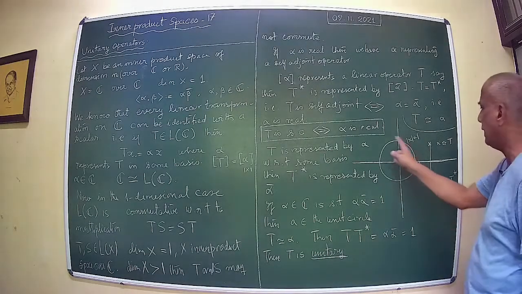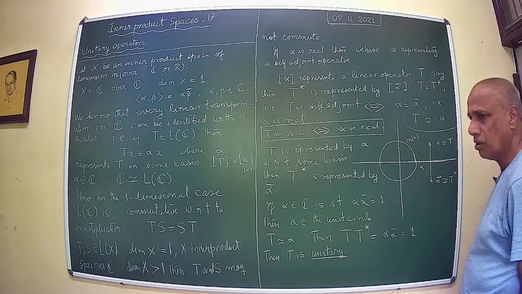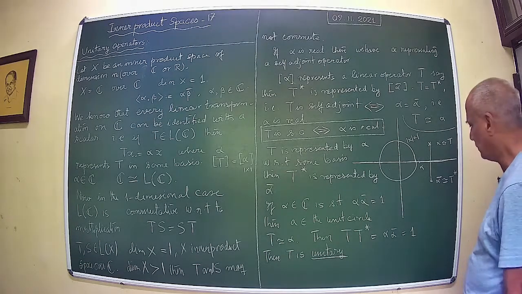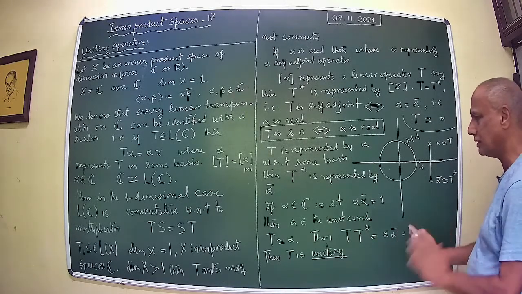So every point on this circle represents an operator with the property that T star T is equal to I. Okay, so that is the analogy that you have.